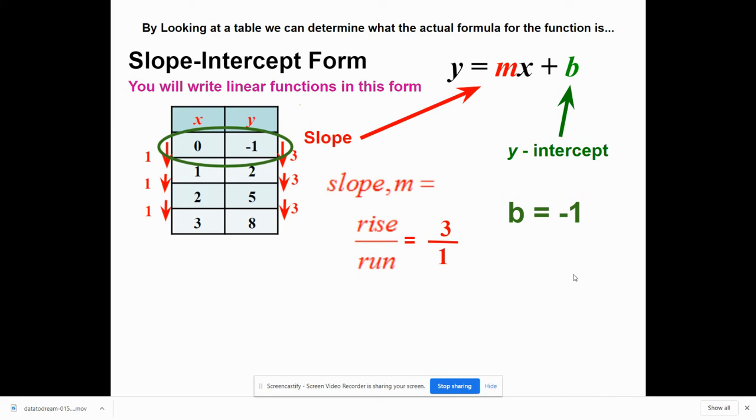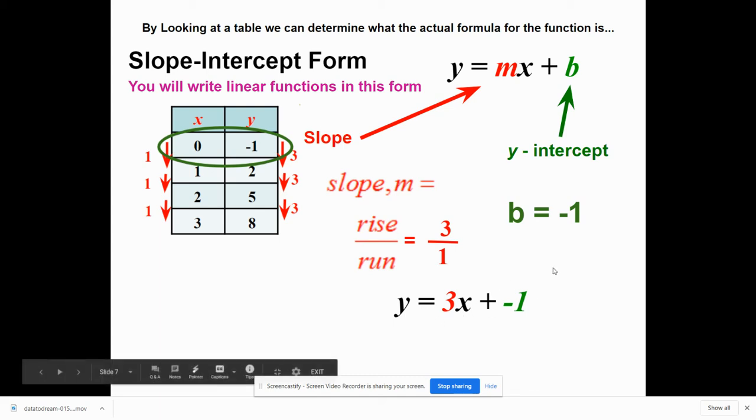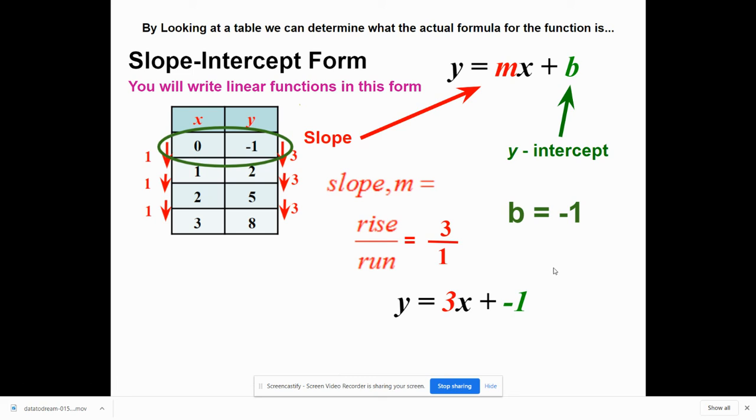Once we know the slope and the y-intercept, we can just put that into the slope-intercept form, which is y equals mx plus b, and that gives us the formula for this problem, which is y equals 3x plus -1. That can also be written as y equals 3x minus 1, and that's how it goes down.